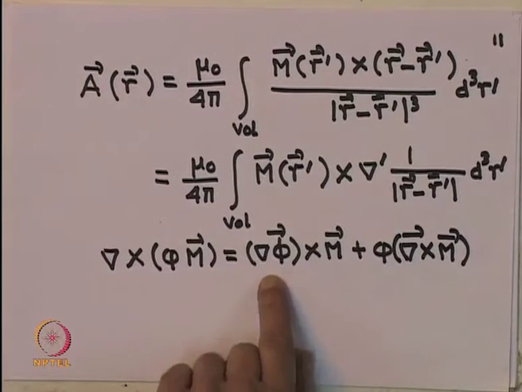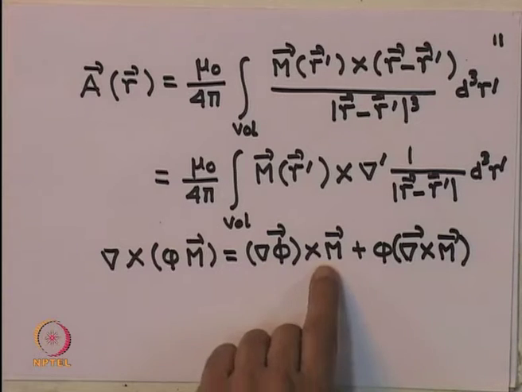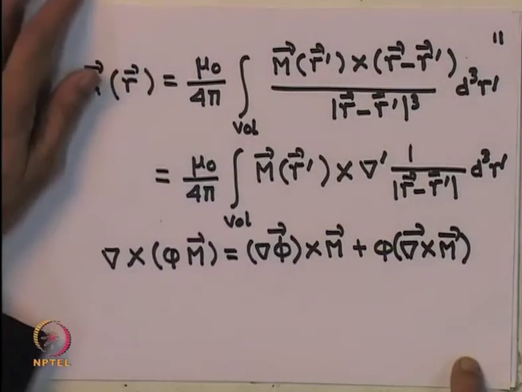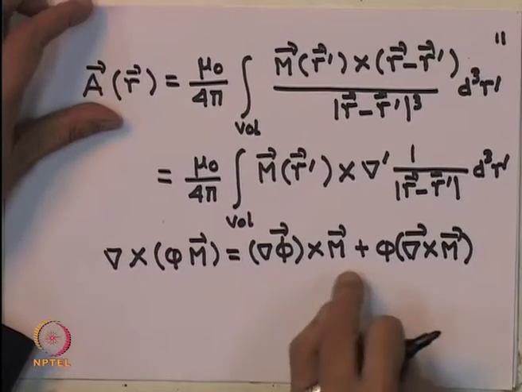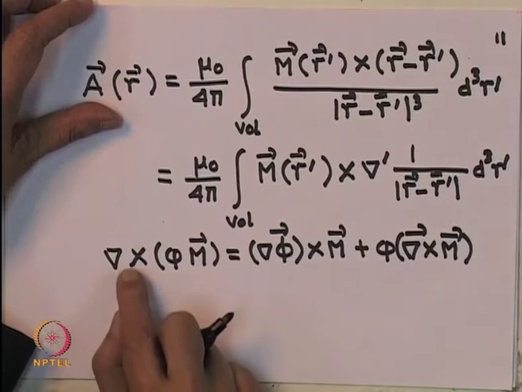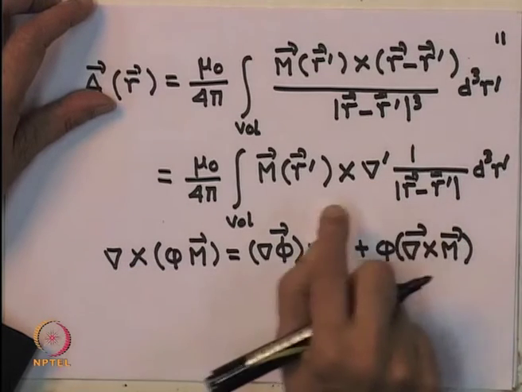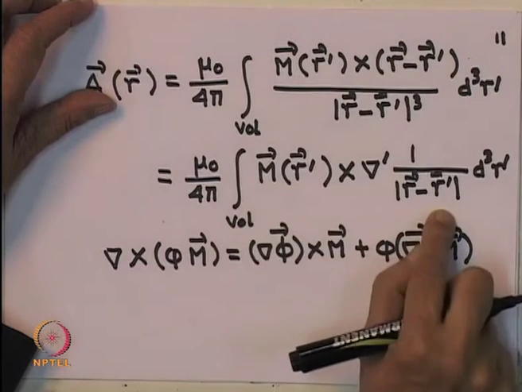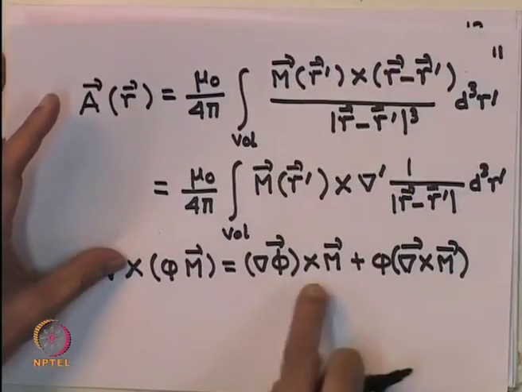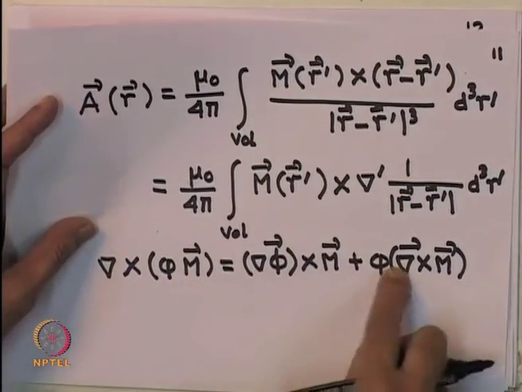This is very similar to what I have here, excepting that here the grad comes on this side and m comes on that side. That can be taken care of by a minus sign. So, if you now use this relationship and plug it into this expression, I will get a quantity with del prime cross m by r minus r prime, and the minus sign that I have talked about. So, I am using this expression to write this del phi cross m as this quantity minus that quantity.